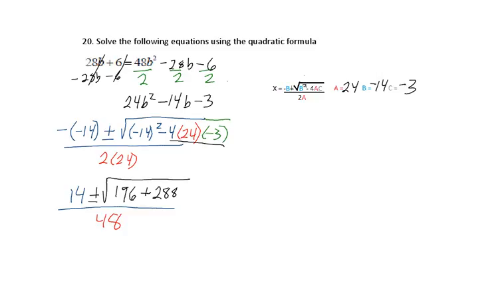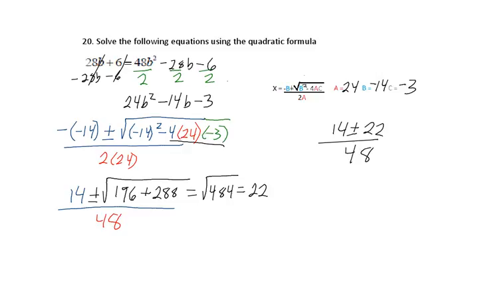If you add 196 and 288, you get 484. Now, I like 484 because 484 is a perfect square. It's 22. So what we have is 14 plus or minus 22 over 48.